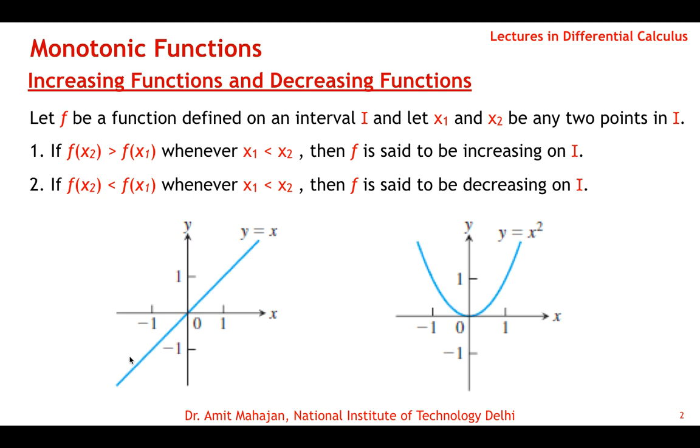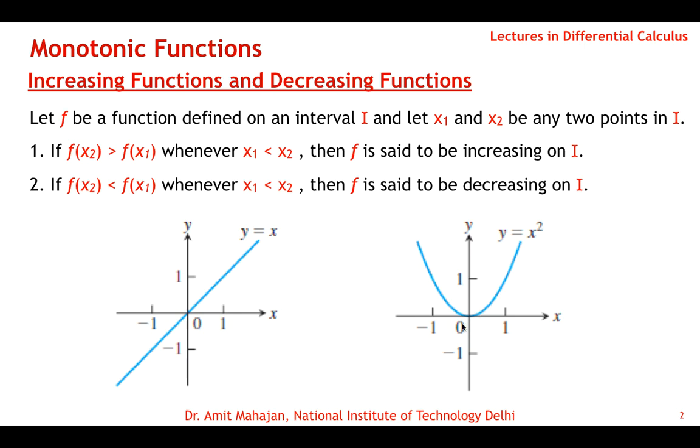In this case we said the function is always increasing, so you can see that the slope at every point is positive. And in this case the function is decreasing to the left of the origin, and you can see that at any point if you draw the slope, the slope is negative, and on the right of the origin, at any point you see that the slope is positive.